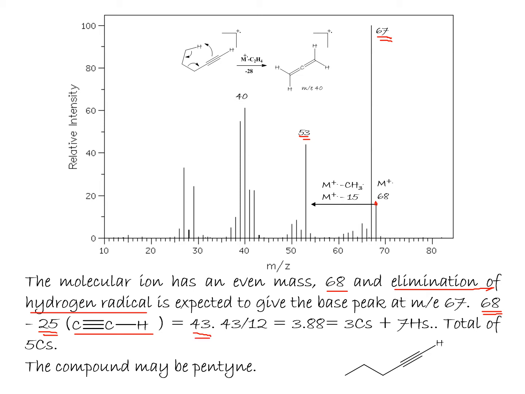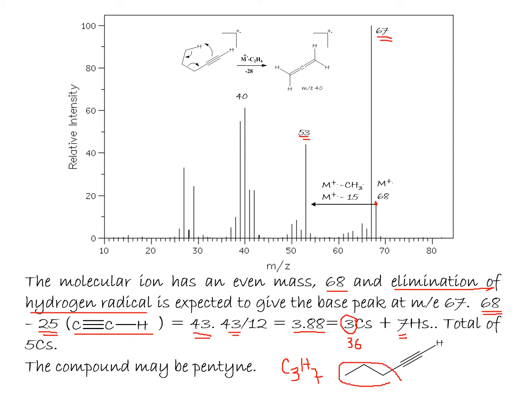To get the number of carbons or an idea about the formula, divide 43 by 12, it will give you 3.88, which means that you have 3 carbon. 3 carbons give you a total of 36. To get to 43, you then have 7 hydrogen, which means that you have a C3H7 group.